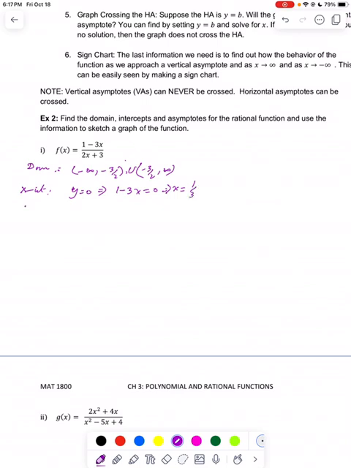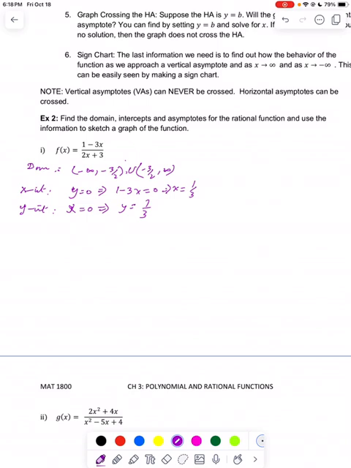What about the y-intercept? For the y-intercept, we set x equal to 0. So x equals 0 implies y equals 1/3. By chance, we are getting both the same value, but of course they are on different axes.